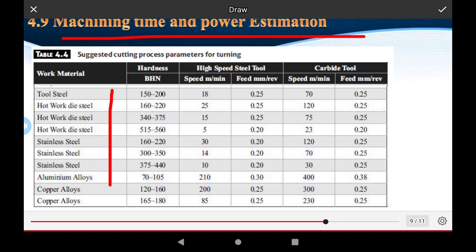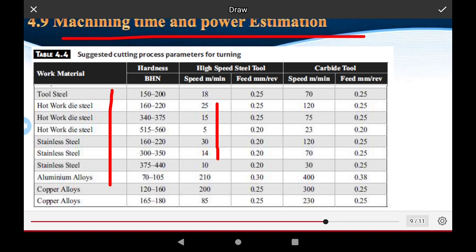Tools of materials. Okay, the tools depend on the hardness of the materials. Okay, and as the hardness increases, the speed of the tools is less, in meter per minute. Okay, and second, feed per revolution is required for the operation.